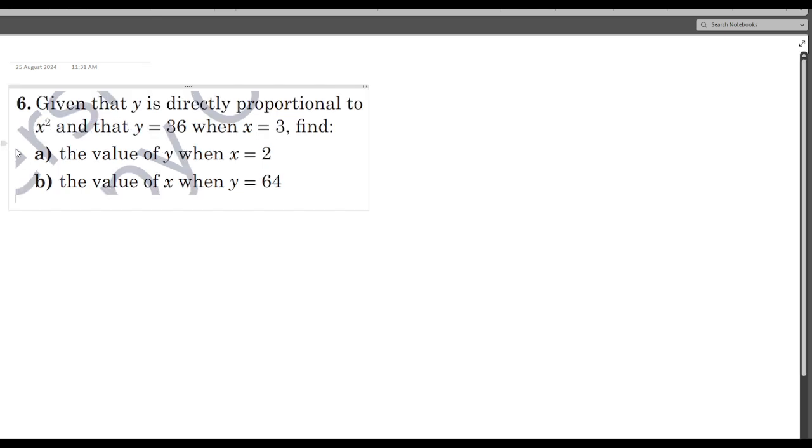Now question number 6 is given that y is directly proportional to x squared and that y is equal to 36. So first thing they have given that y is directly proportional to x squared. So when y is directly proportional to x squared, y divided by x squared is some constant. Let us replace it with k.